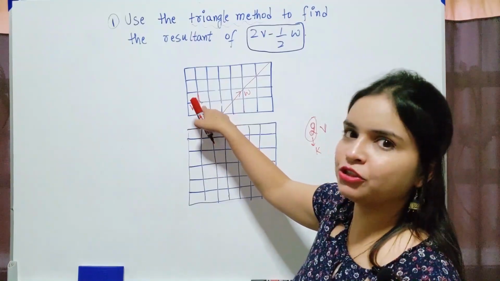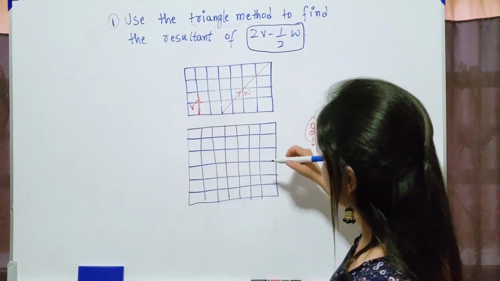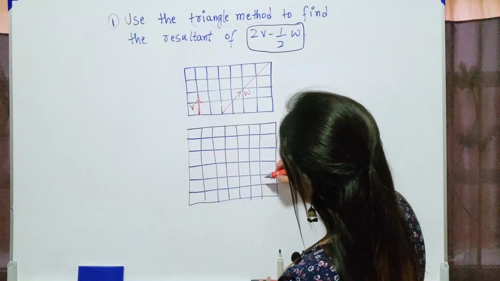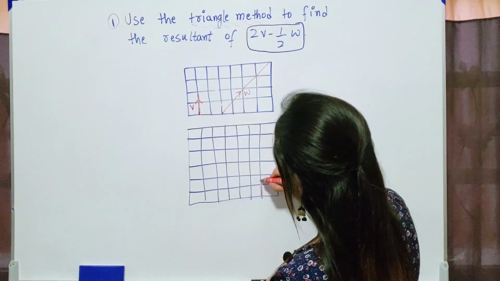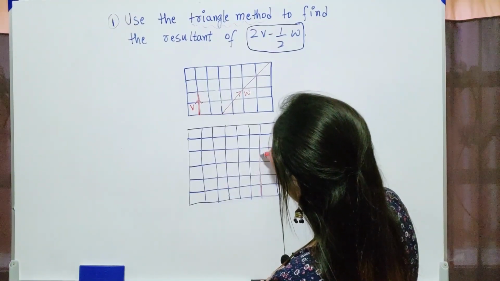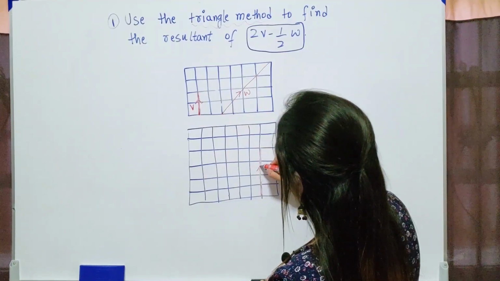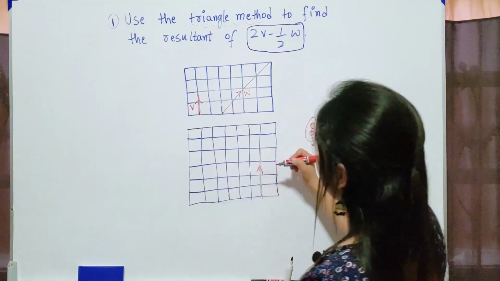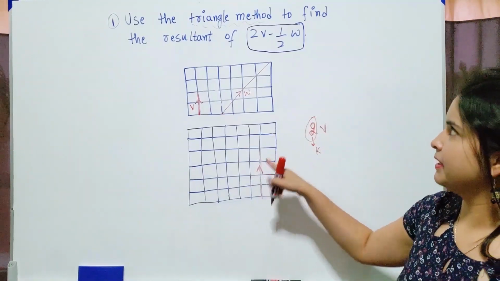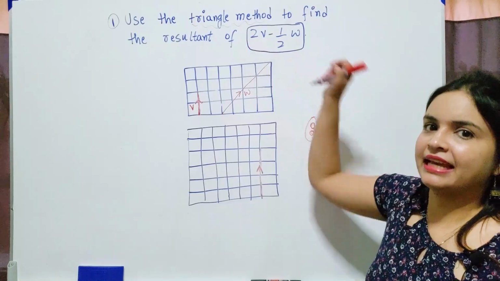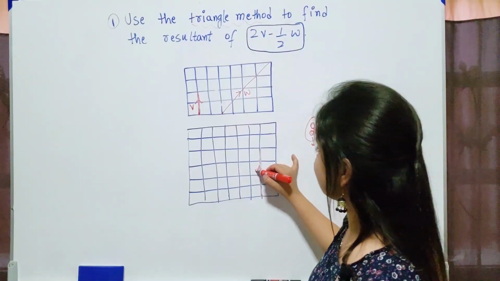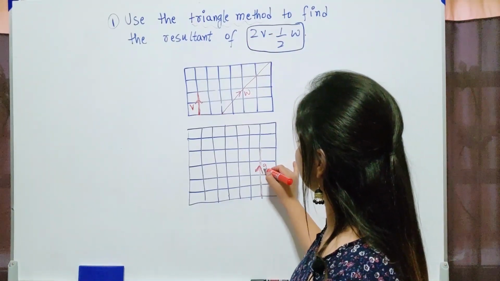So find twice of V. Suppose this is my twice of V. I will keep the direction same because I don't have any negative sign. So this is my 2V.